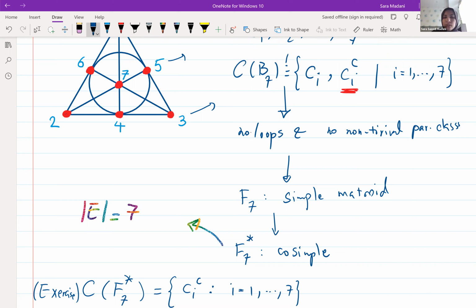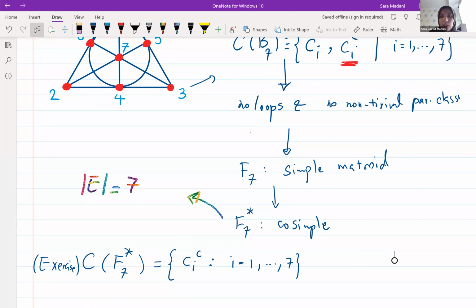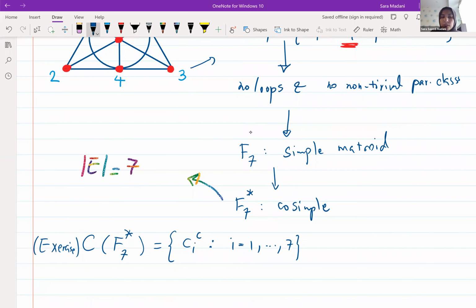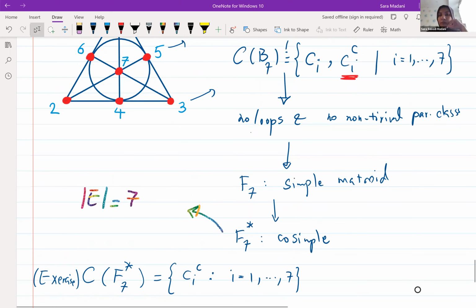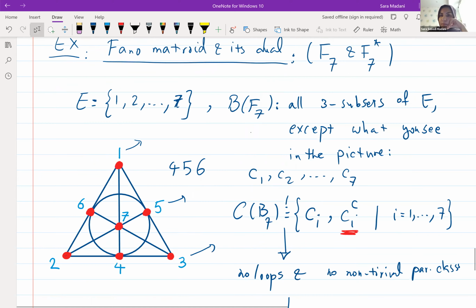But here, these are the only ones. Sorry? They are 21 in total? No, here in C of F7 star, they are just 7. But when you define the basis of F7, you excluded them among all the 3-subsets. Yes. B of F7 has 7 choose 3, minus 7 elements, minus their 7 complements, so 14 will be taken out.